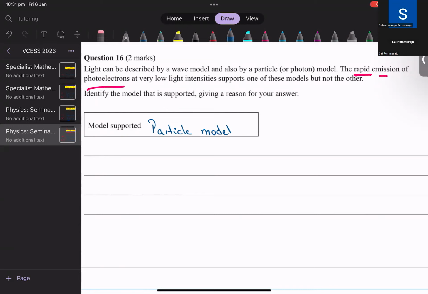Why is it the photon model? The rapid emission of photoelectrons at very low light intensities. Why is it the particle model?